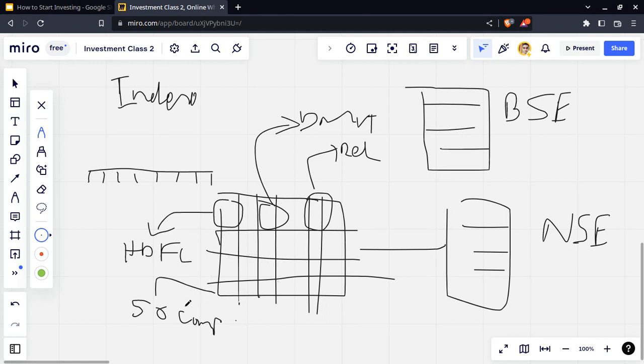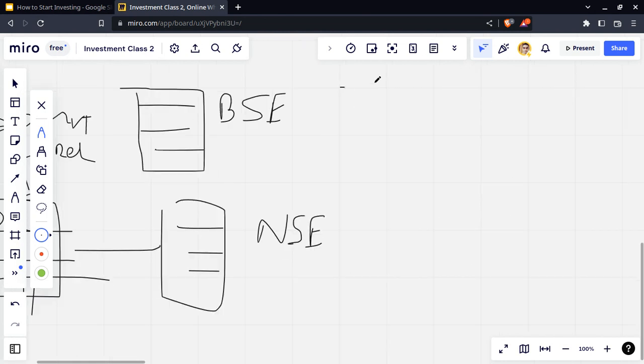Now this list of 50 companies, their average value is taken and that value is assigned a number, suppose 100.